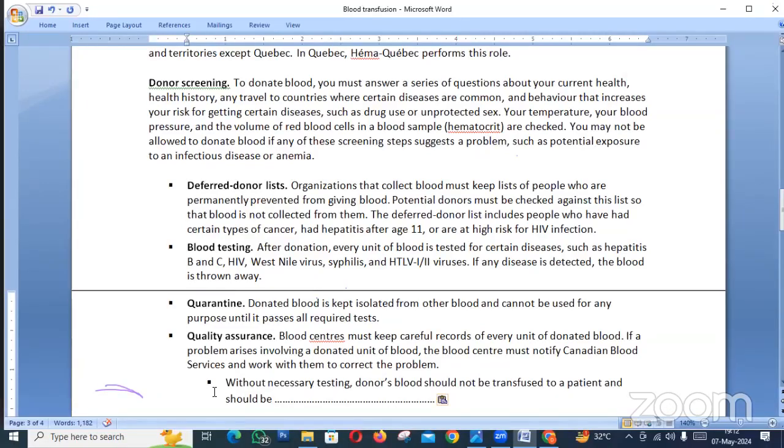In which part? In the quarantine: donated blood is kept isolated from other blood and cannot be used for any purpose until it passes all required tests. In the donor screening, the third bullet, quarantine. Okay. So let us give time for other people to find the answer. Just don't tell me.